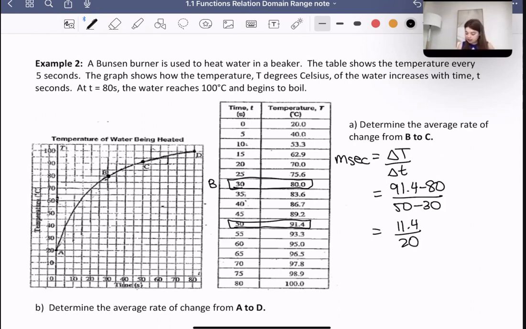And what's that in a nicer decimal? That's going to be 0.57. So there we go.